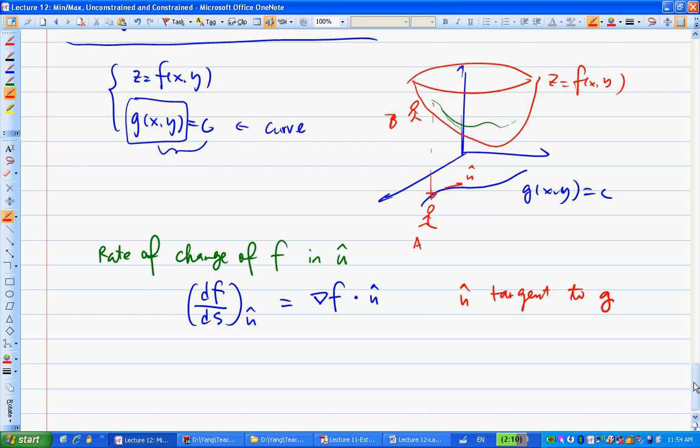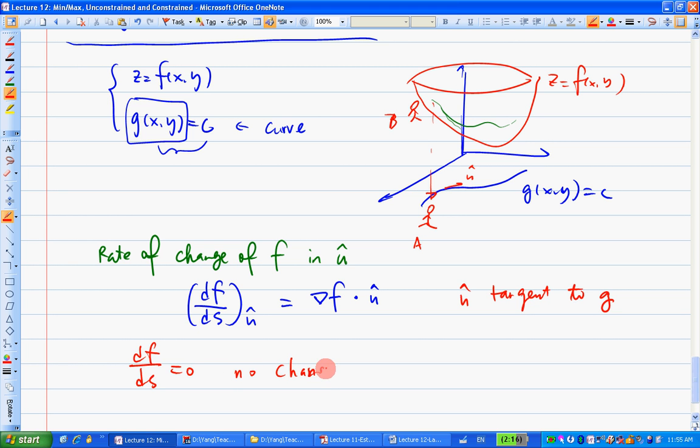So the question is not the general directional derivative. We have a couple of properties of the directional derivative. The directional derivative is the rate of change of f in this u hat direction with respect to a certain displacement. So what happens if df over ds equals 0? It means no change, the rate of change is 0.